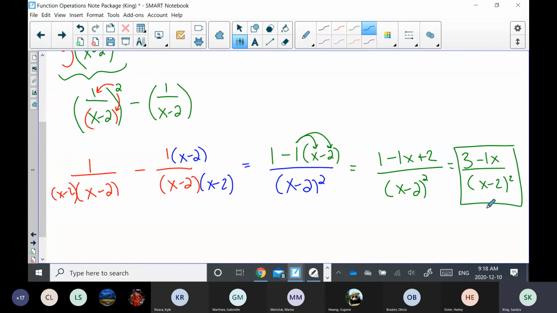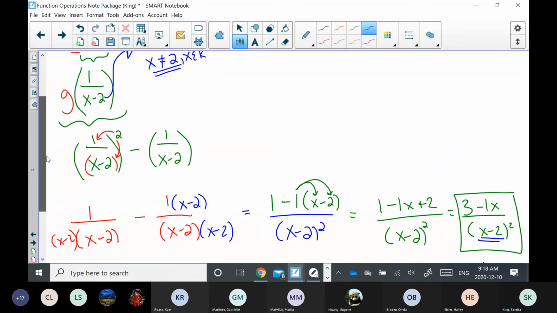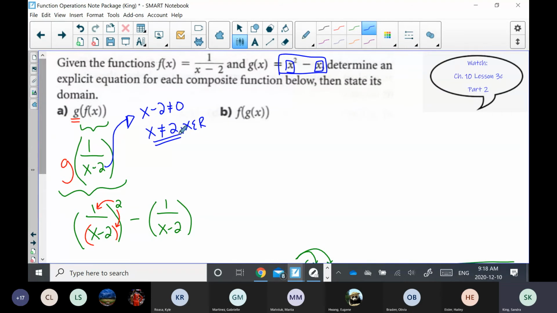Is there a restriction on this explicit equation? Yes. We could never divide by 0. So x could not be equal to 2. So the domain of this is x cannot be equal to 2. If I look back at that inner domain, it was the exact same thing.